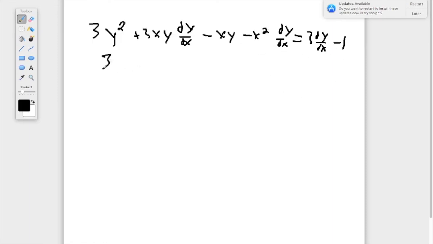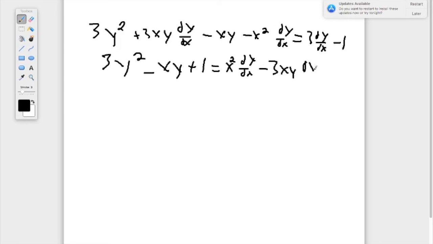So we get 3y squared minus xy plus 1, and then on the right side x squared dy over dx, and then minus 3xy dy over dx, and then plus 3 dy over dx.